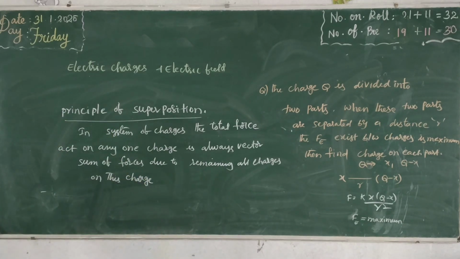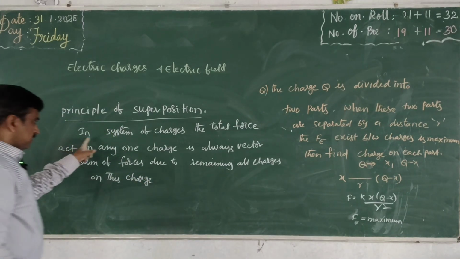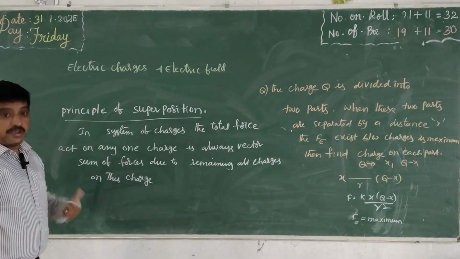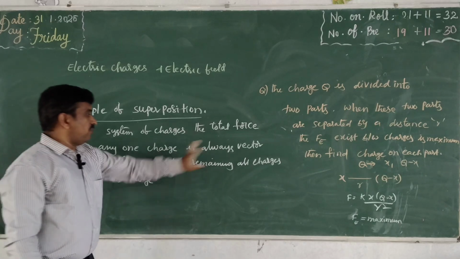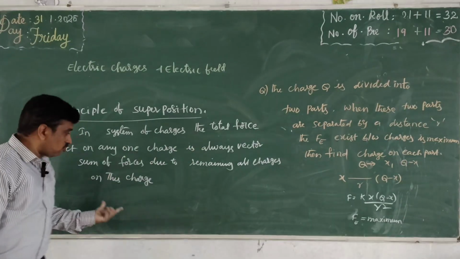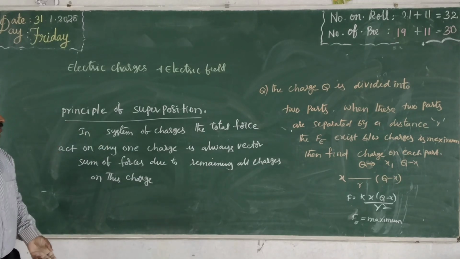This is called the principle of superposition. See here, in a system of charges, the total force acting on any charge is always the vector sum of forces due to all remaining charges on this charge. This is called the principle of superposition.